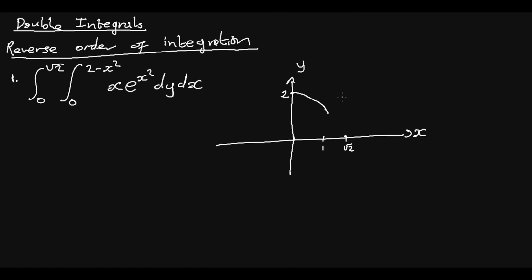In fact, when x is the square root of 2, this is where y passes, so the curve goes like this. I will not bother with what is happening on the other side. Even on this side below, y is equal to 0. Remember, y equal to 0 is here, then we go up. So anything here on the negative side, I will not bother myself with. So let me just cut here.